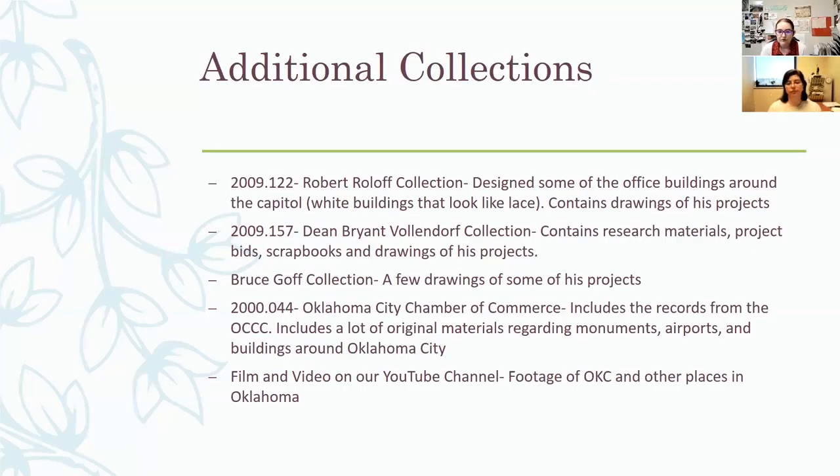We do have a few Bruce Goff materials, not a whole lot, but we do have some. And then on the next slide, I'm going to show you an example from our Oklahoma City Chamber of Commerce collection. It includes records from almost the entirety of Oklahoma City, all the history, and there are original documents that are kind of like scrapbooks. So there's a lot of one-of-a-kind materials there that you're not going to find anywhere else.